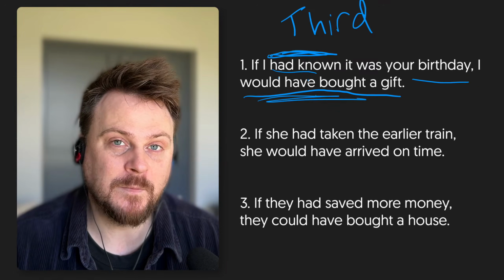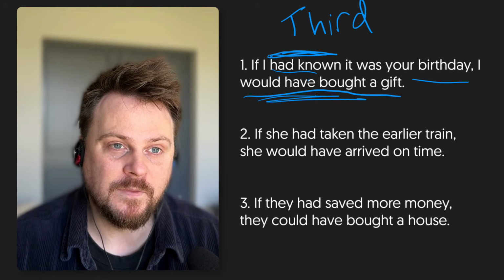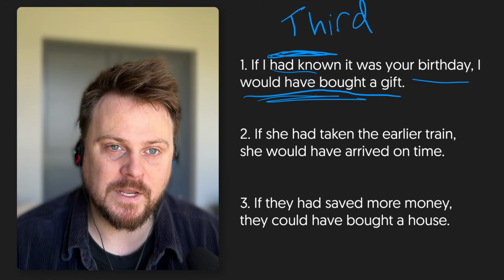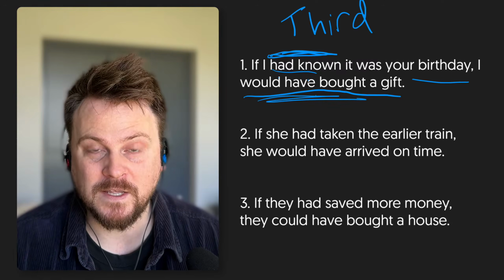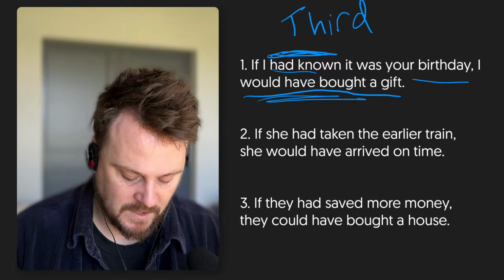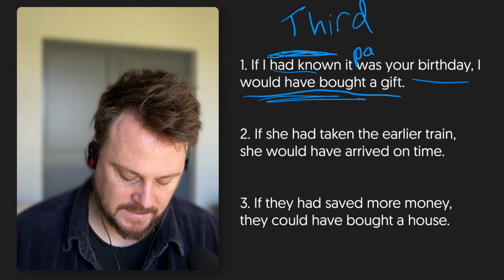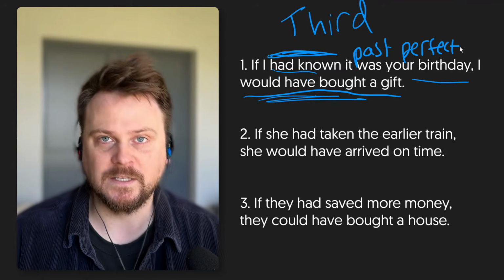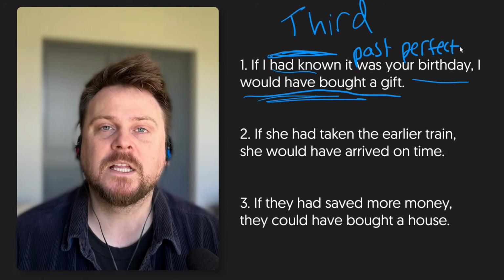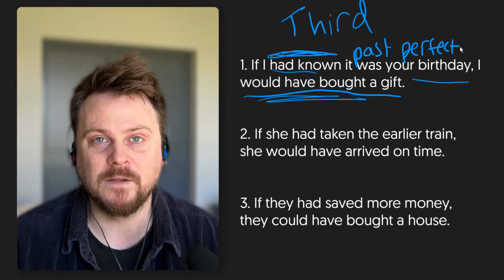So we left is the simple past. We left is the event that happened. When you want to talk about a past thing that happened before another past thing, you often have to use something called the past perfect. The past perfect tense. This one is basically saying the past thing before the past thing, right?